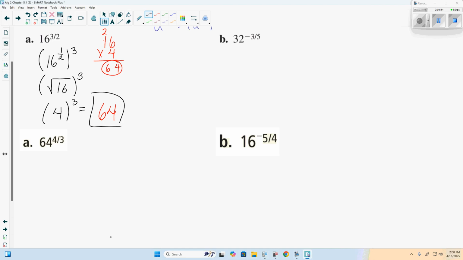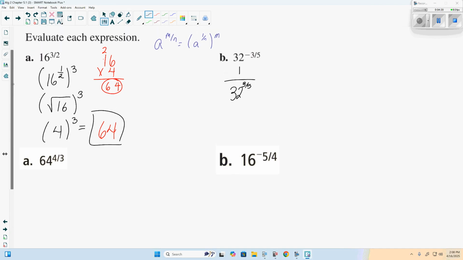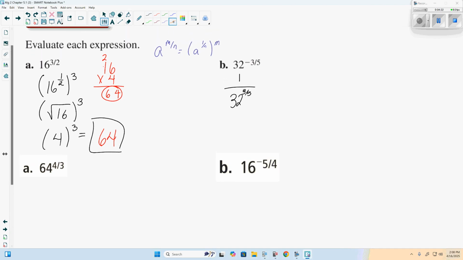32 to the negative 3/5. Well, first thing we need to do is make that exponent positive. To make an exponent positive, we can move it from the top of the fraction to the bottom.